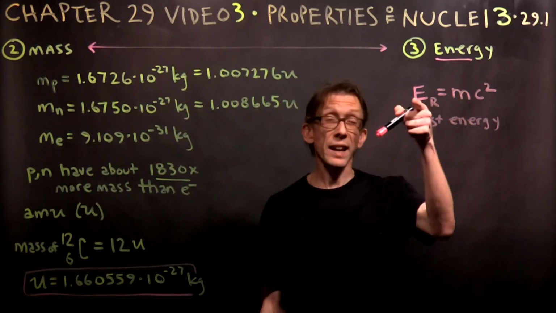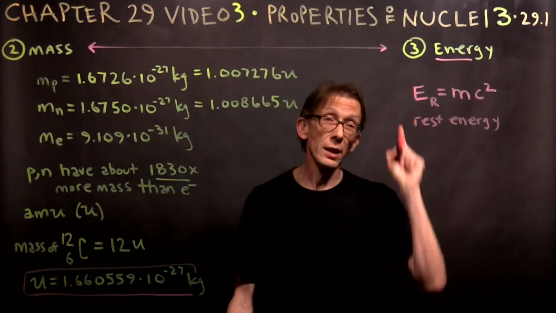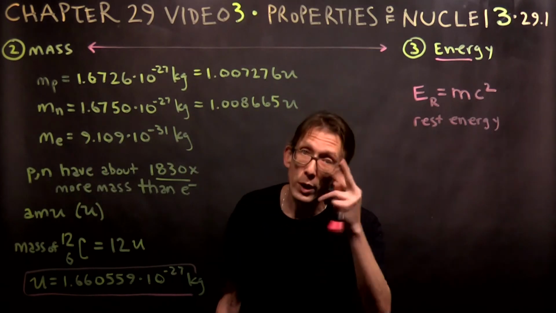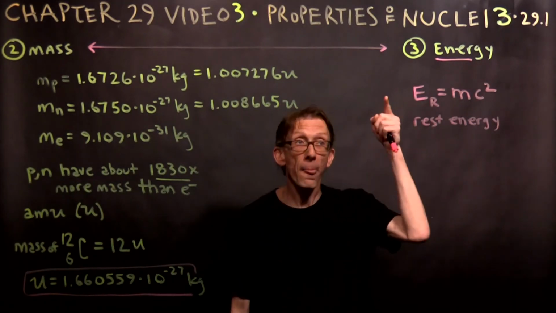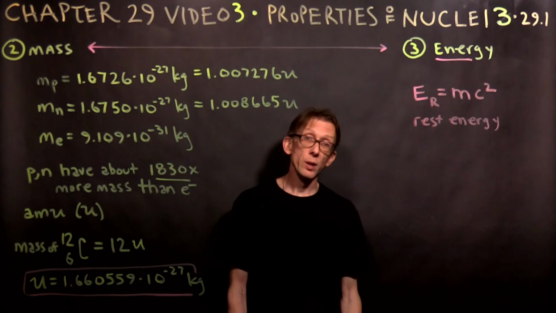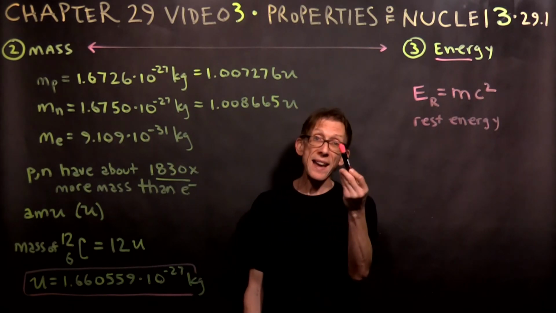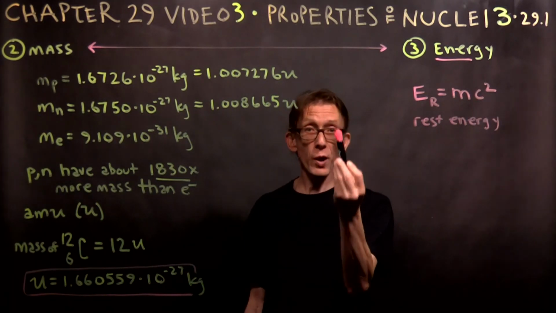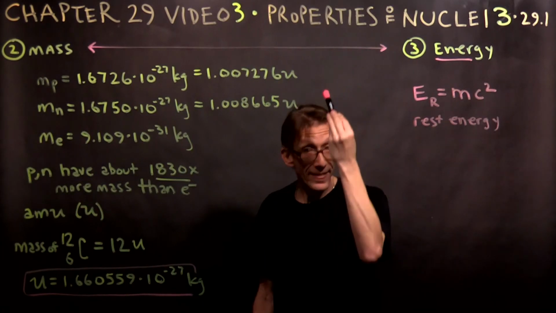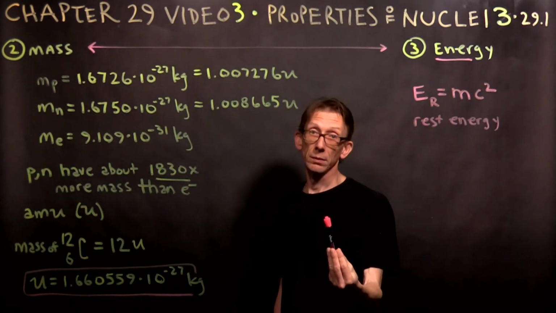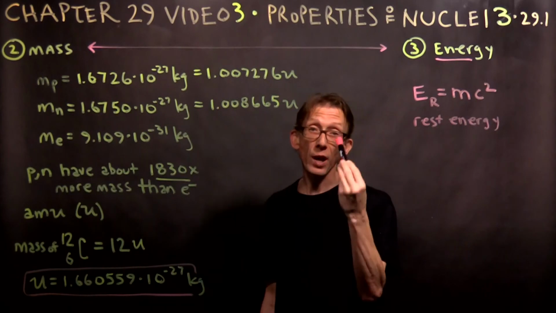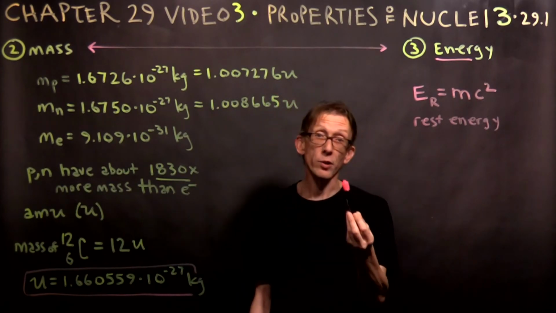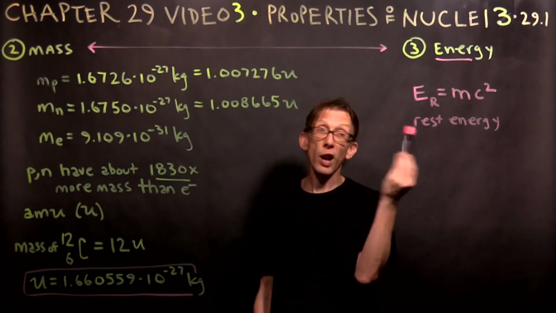You give me mass, I can give you energy. You give me energy, I can give you mass. They are equivalent to each other. That is really the point of E equals mc squared. Mass is a very concentrated form of energy. They are interchangeable.